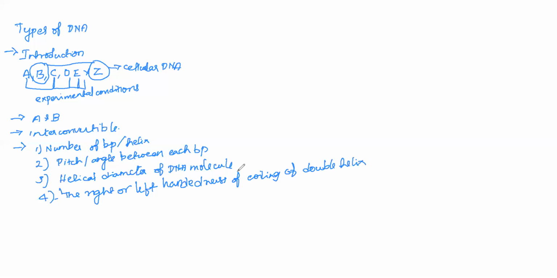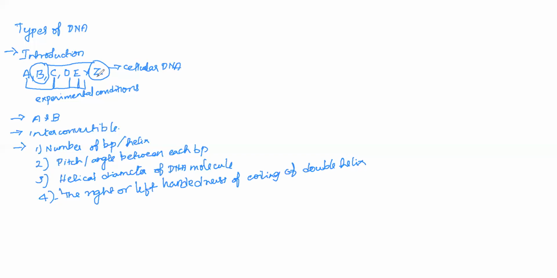So there are different forms of DNA, that is A, B, C, D, E, Z. And out of this, you can find only two types in the cellular DNA, that is the B and the Z, and the rest are found under laboratory or experimental conditions.